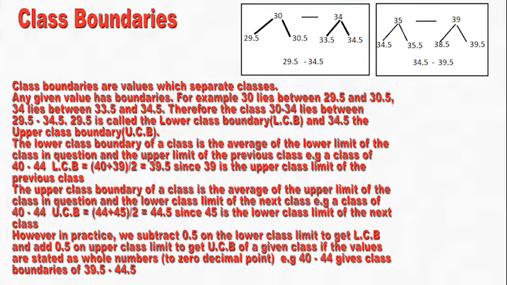Therefore, the class of 30 to 34 lies between 29.5 and 34.5, with 29.5 as the lower class boundary and 34.5 as the upper class boundary.